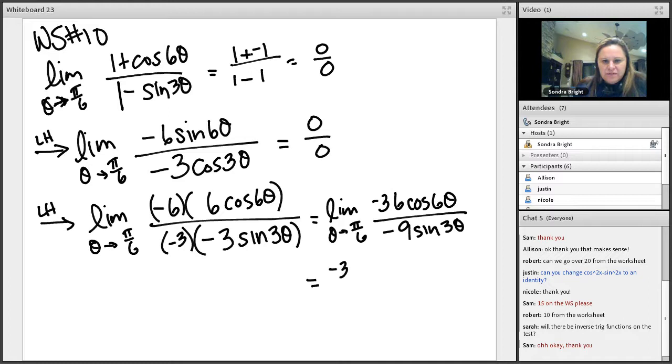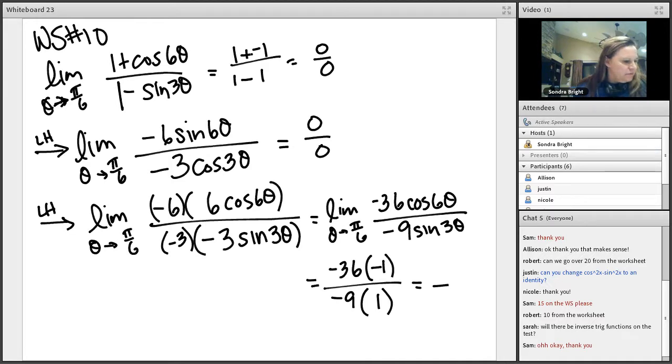We got negative 36 times cosine of pi, which is negative 1, and then a negative 9 times sine of 3 pi over 6, which is 1. And so you end up with a positive 36 divided by negative 9, which is a negative 4.